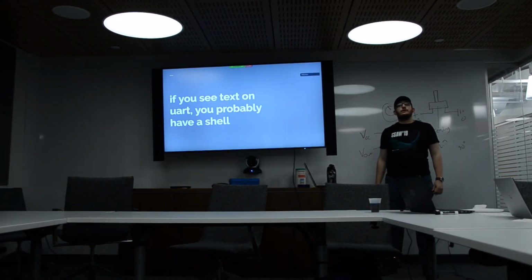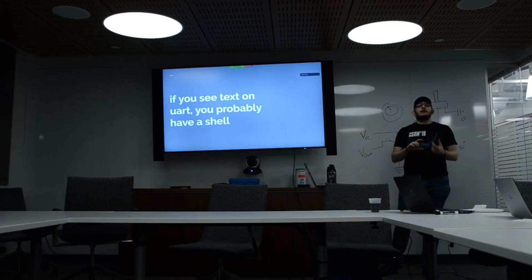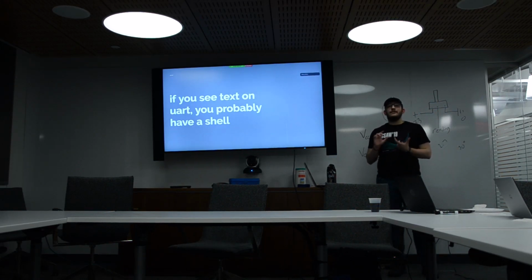If you see text on UART, it's probably some type of shell. Peripherals don't tend to speak straight serial to each other, and they almost never speak ASCII to each other. So if you see words, you probably have some sort of interface directly into a process running on the microcontroller.